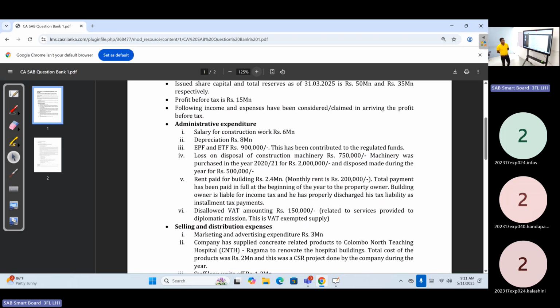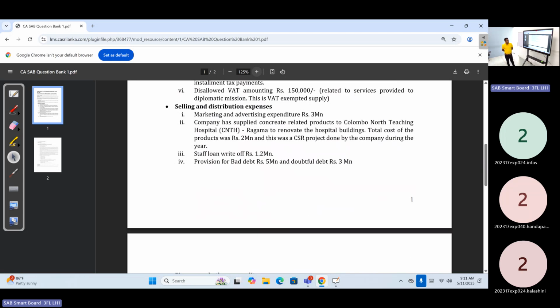Rent paid for the building, 2.4 million, monthly rent, so fully deducted, the full amount has been paid. Disallowable VAT. Then selling and distribution expenditure, marketing and advertising expenditure. The company has supplied concrete layer, that is some sort of CSR project they have done, staff loan write-off, provision for bad debts and doubtful debts.